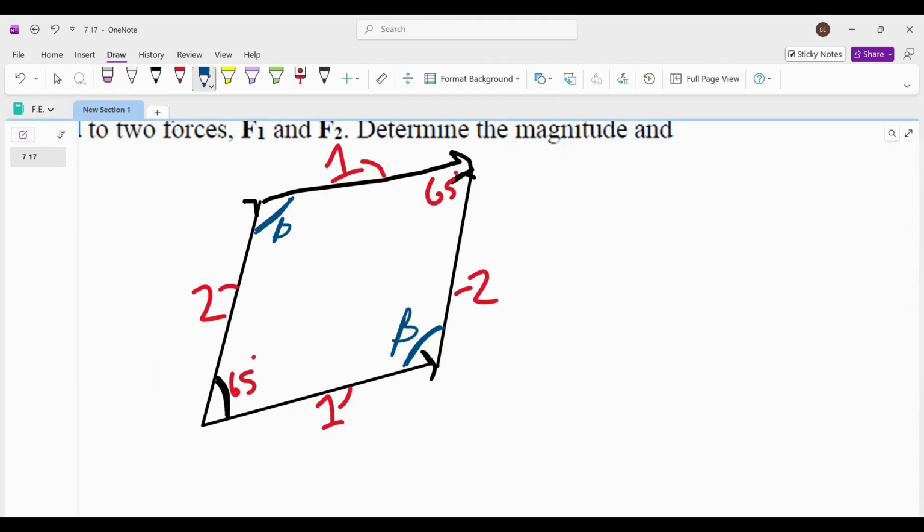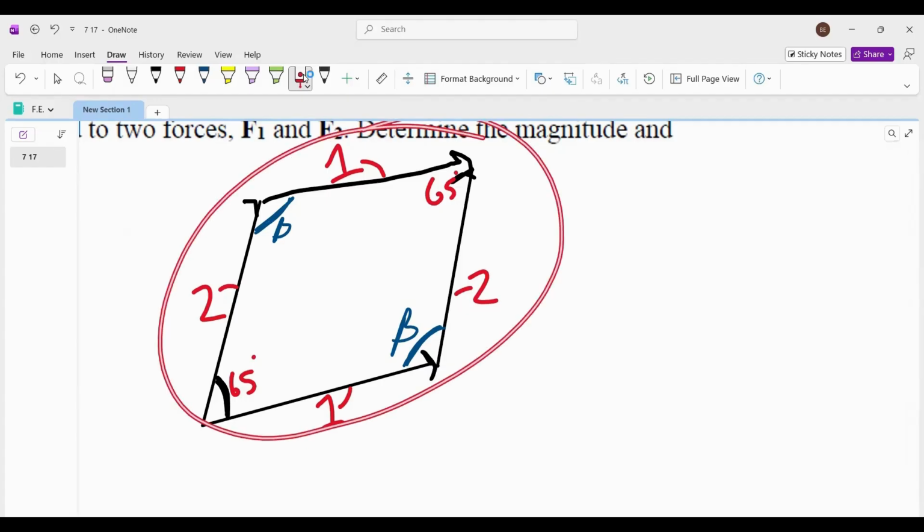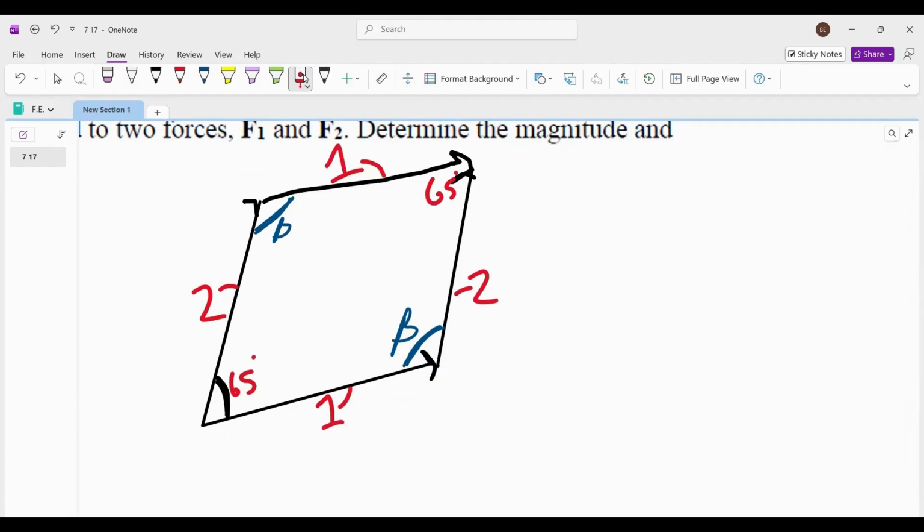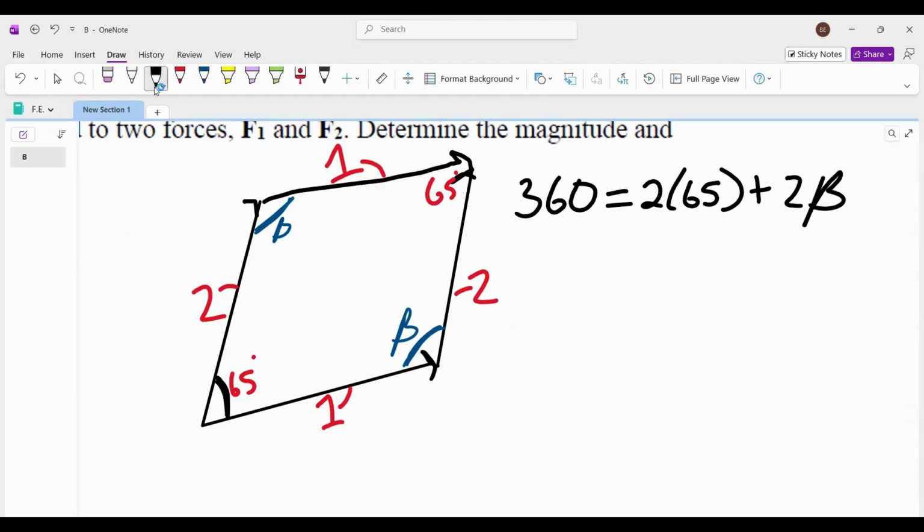To find beta, we know that the whole parallelogram has to equal 360 degrees. So we're going to put 360 equals, we have two 65 degrees, so 2 times 65, plus the two betas, right?